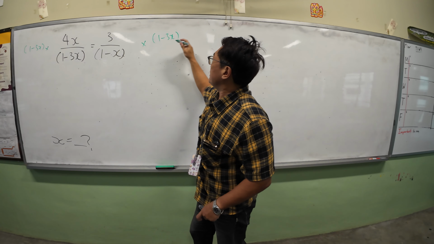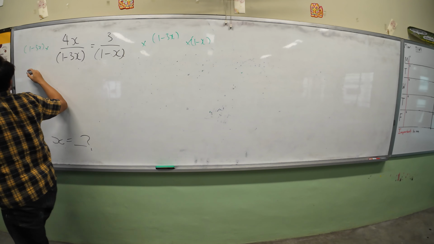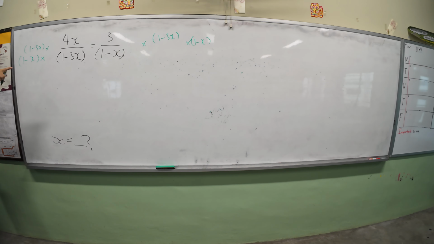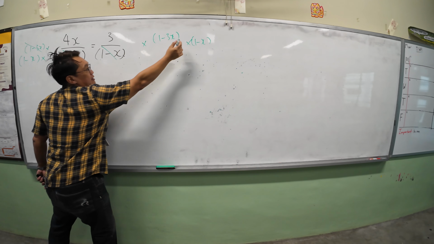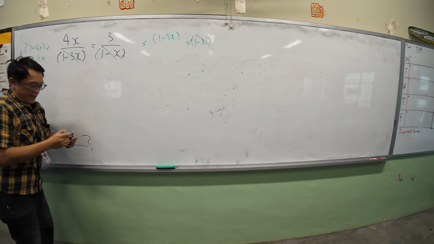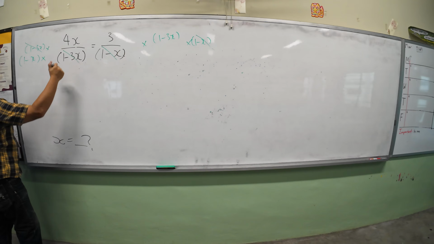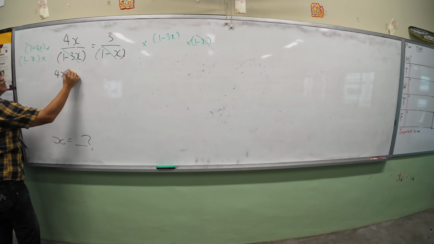Then I must multiply this one throughout, left and right side, because I want to cancel it away. So the effect will be this one cancel this one, cancel this one. Then my next line I will go and write this numerator 4x multiply the other denominator.